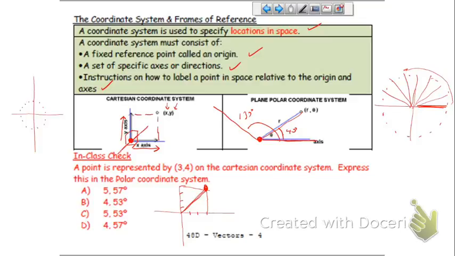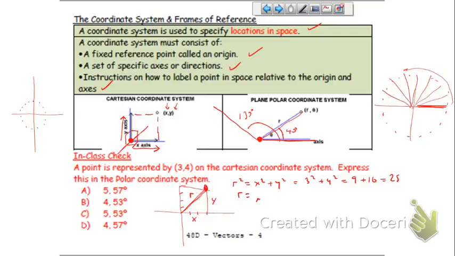And so I recognize, oh, it's Pythagoras. So I can say r squared is equal to x squared plus y squared. There's x and there's y. So this equals 3 squared plus 4 squared, which equals 9 plus 16, which equals 25.